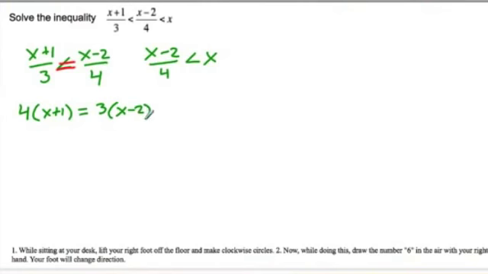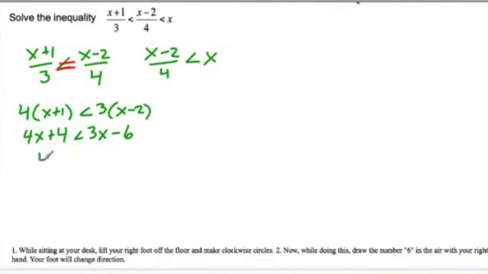Except since we're dealing with an inequality, it's not really equals, but we're going to go back and make that an inequality. But like I said, you use the rules in the same way as we've established before. So 4x plus 4 is less than 3x minus 6.